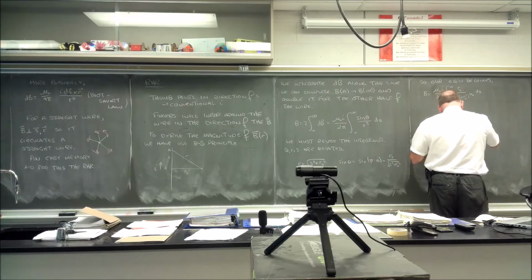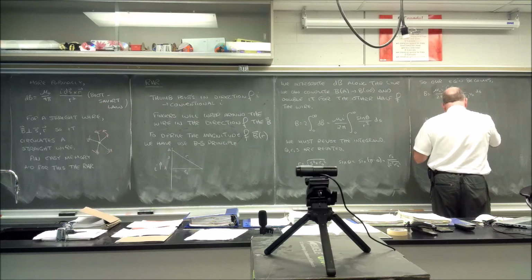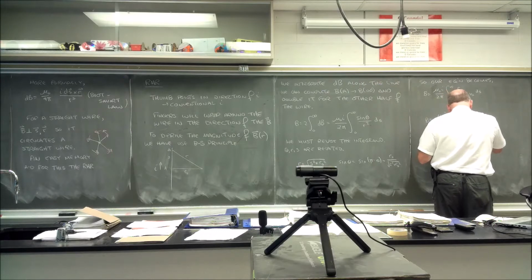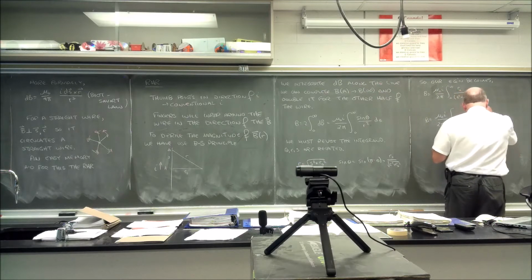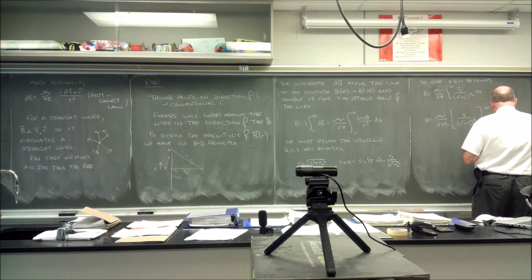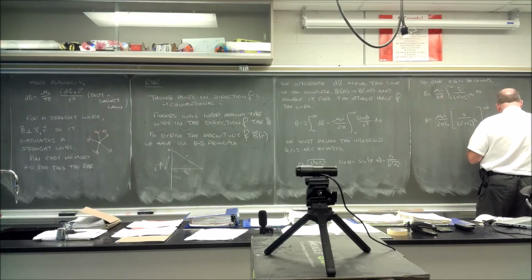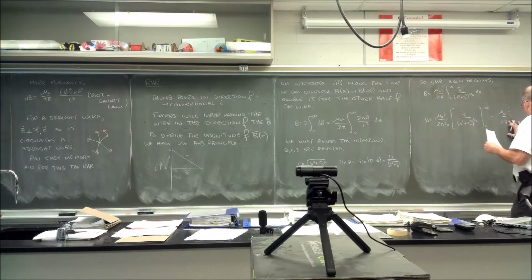And then in here we have S over the square root of S squared plus R naught squared from 0 to infinity. And when you're all done, you get mu naught I over 2 pi R naught. Sorry, in this case it will be R. Actually, no, it's R naught.